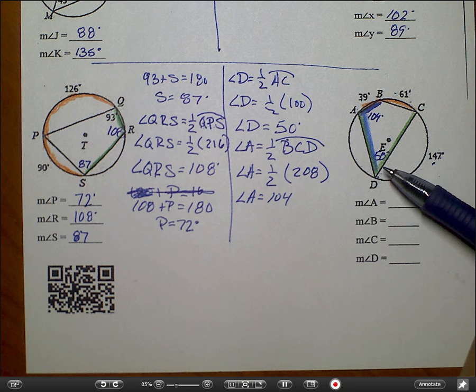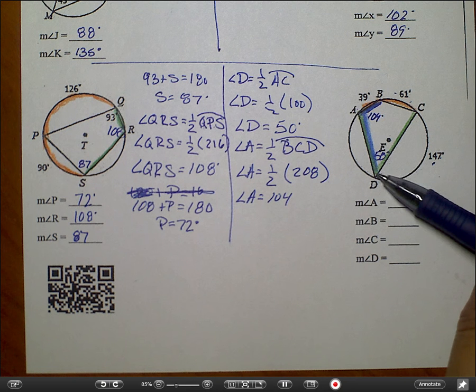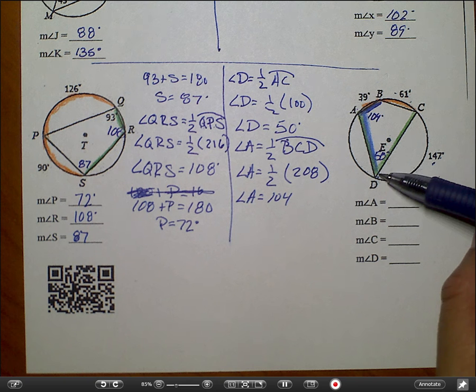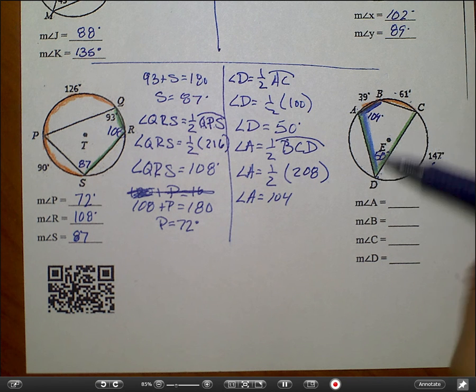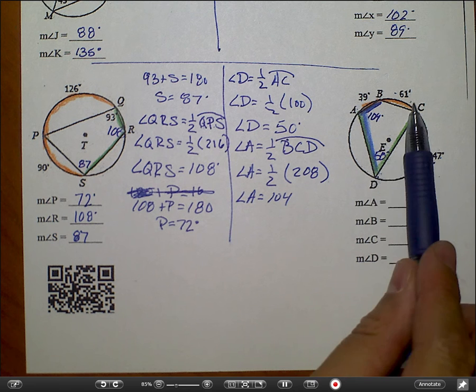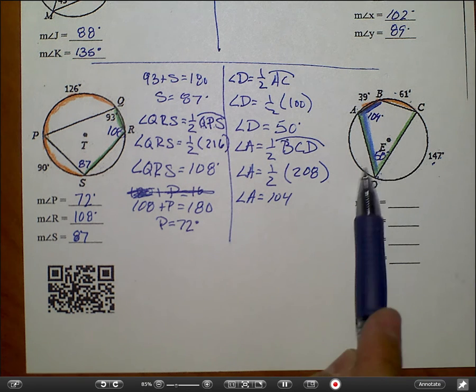All right. Now, what angle is opposite D? It's going to be B, because it's opposite. By opposite, it's not touching it.